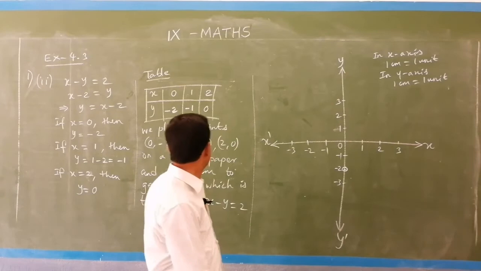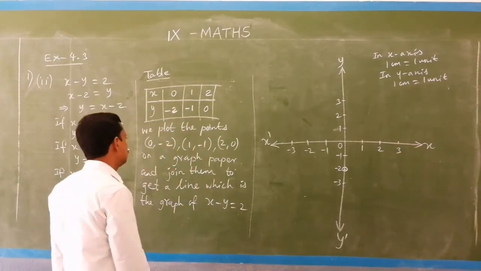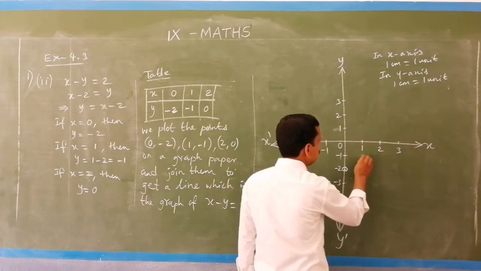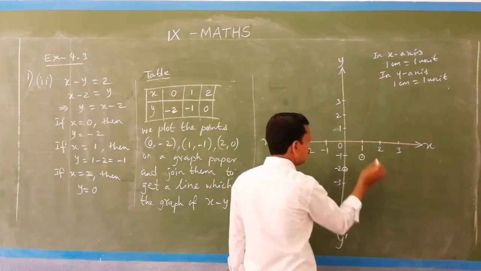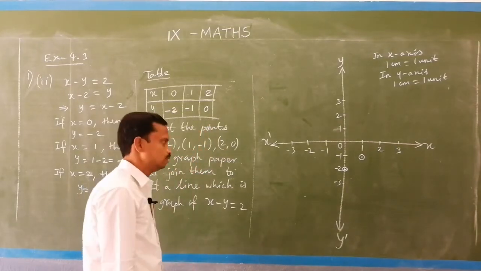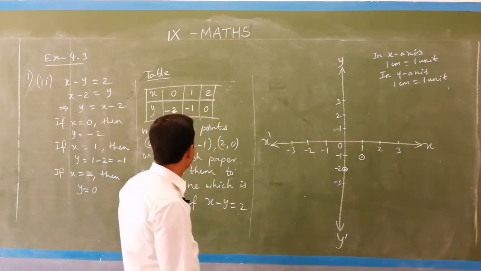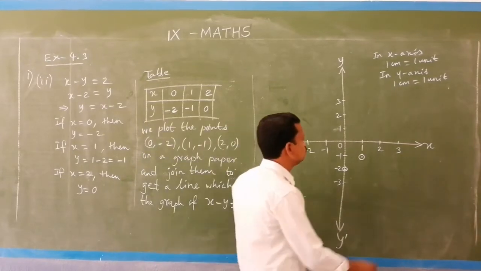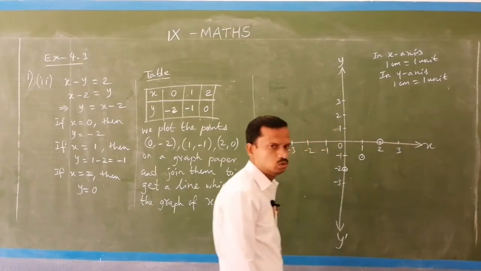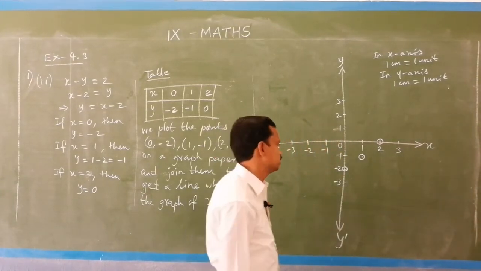Okay. And then the next point, 1 comma minus 1, and this is 1 and minus 1 is here. So, keep the point like this and encircle it, then only it will be visible clearly. And then 2 comma 0: x is 2 and y is 0. So, that point comes there.